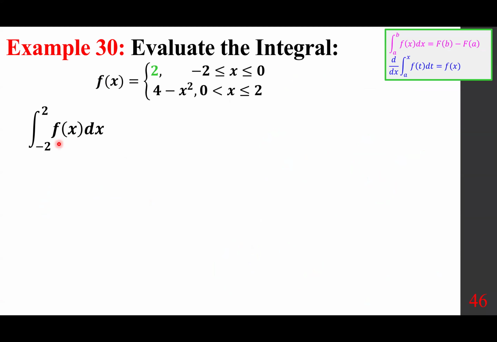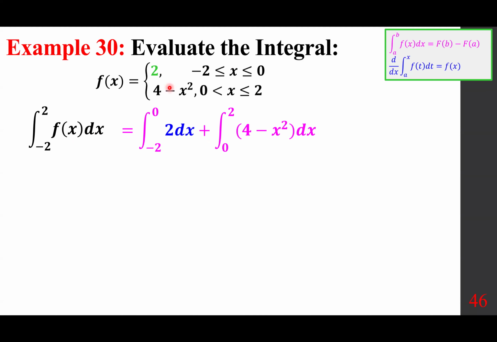I want to evaluate the integral from -2 to 2 of f of x dx, where f of x is defined as 2 when x is between -2 and 0 inclusively, and 4 minus x squared when x is larger than 0, less than or equal to 2. When you want to evaluate this, even if the question was from -infinity to 0, it would work this way. We cut it into two pieces.